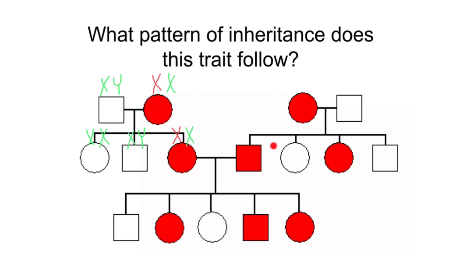Now here we have to assume that this male got a defective X chromosome from his mother. That's why his phenotype is affected. So he has a defective X and the normal Y chromosome that he got from his father's side.